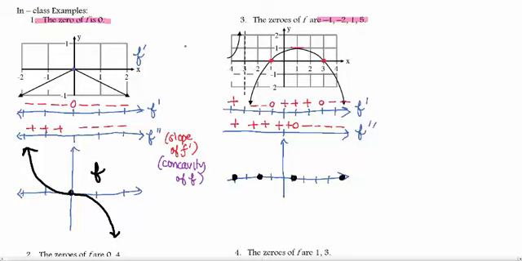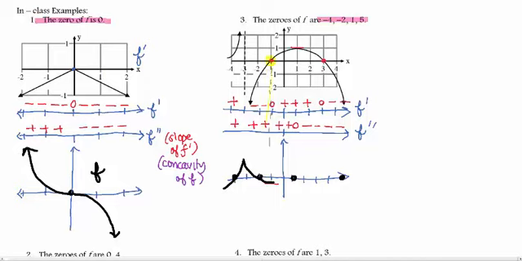Alright, working from left to right, I have positive slope concave up all the way till -3. Now notice I have to cross through this 0, so it has to go up, something like that. Then at -3 it switches to negative slope concave up all the way to -1. So I have to cross through this 0, and then I have to have a negative slope over here at -1.